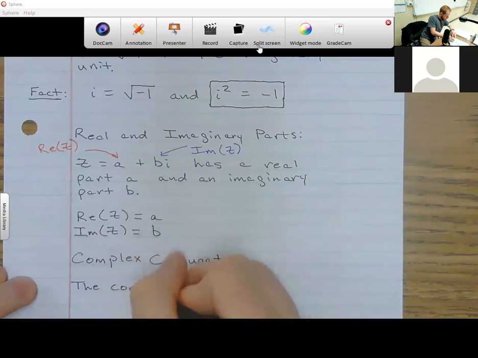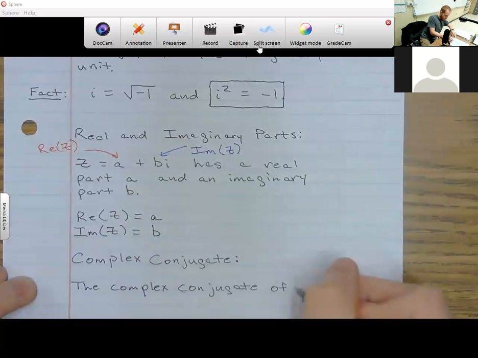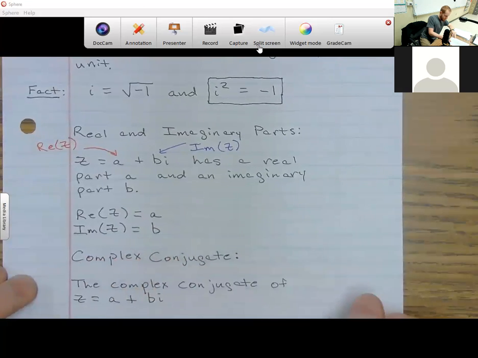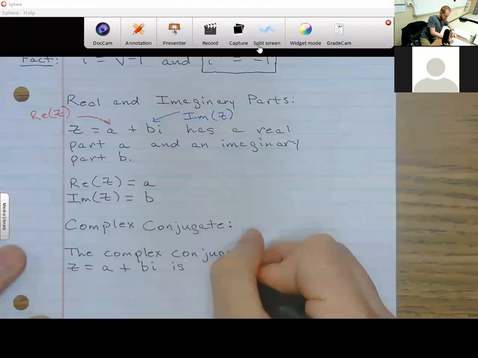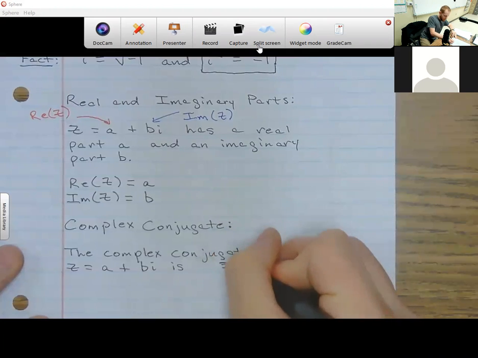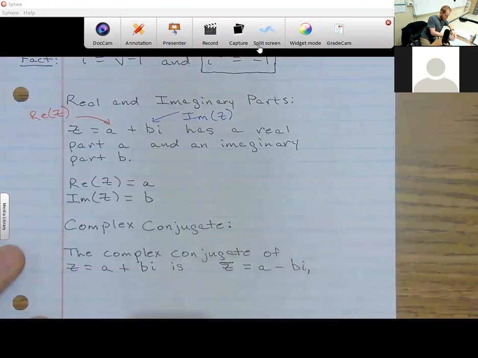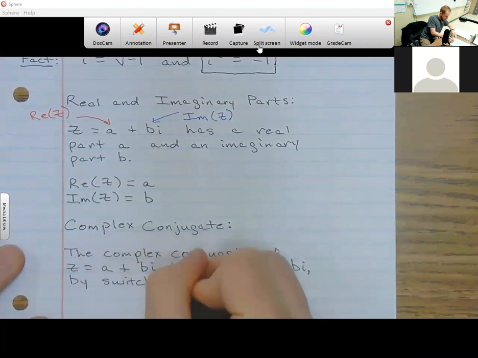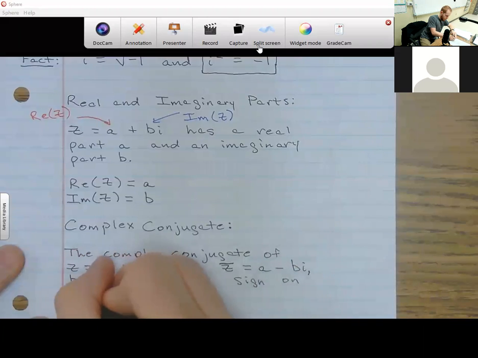The complex conjugate of z equals a plus bi: we have our complex number, a plus bi, and we're going to write it as z bar, which is basically just a z, but I'm going to write a bar over it like this. z bar is equal to a minus bi, by switching the sign on the imaginary part.